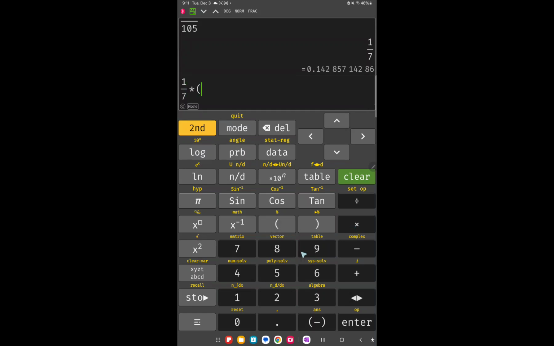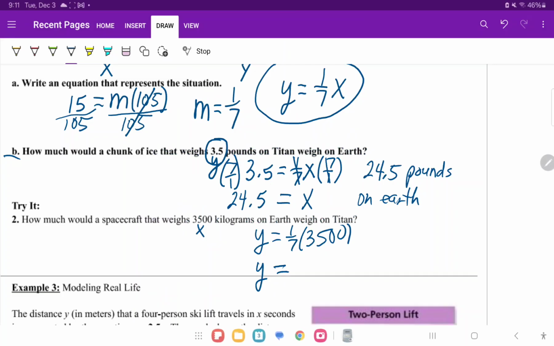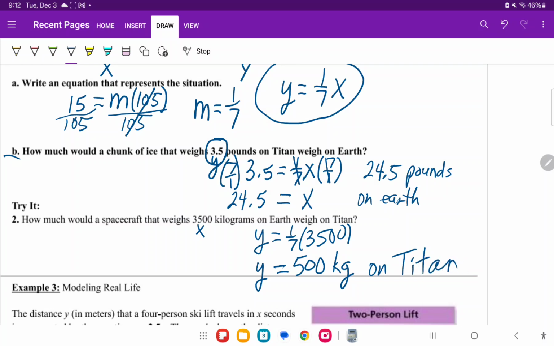So that is 500 what? Kilograms. Correct. Where? On Titan. On Titan. Good.